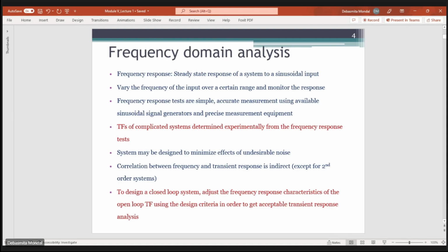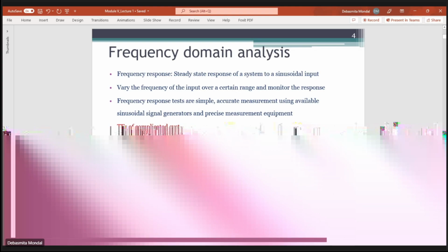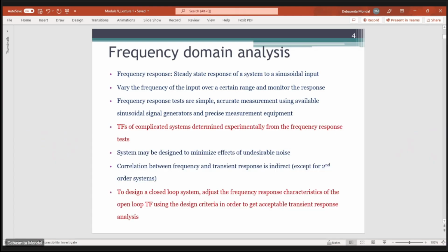You can apply different test signals, observe the corresponding output, and from the analysis of the output find the transfer function. But that is a very complicated process. Using frequency domain analysis, the transfer functions of very complicated systems can be determined experimentally, in a faster and easier way.